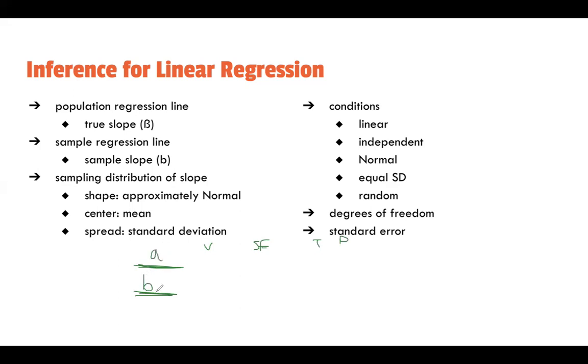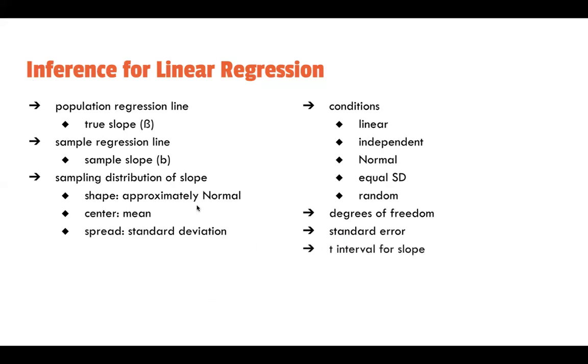You might use the a value when it's asking you to find the actual equation for regression, where you actually use the values of this. So this you might need, this you might need. For standard error, all you care about is b. That's the value we find using this formula. You're probably never going to use that formula. t and p are for significance tests, and we'll get to that later, but you might use these two values too when you're doing significance tests.